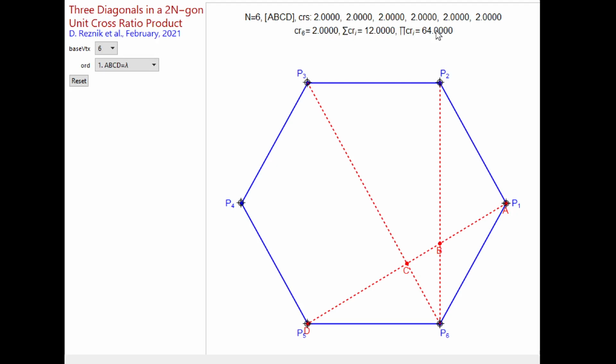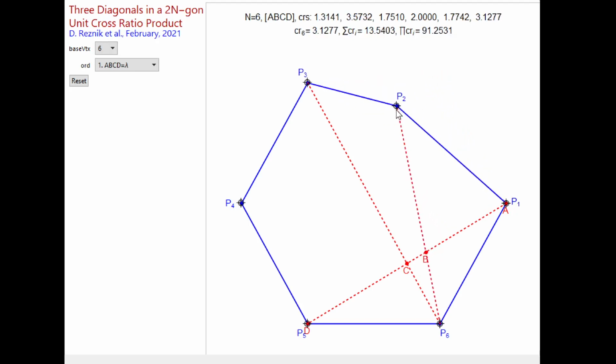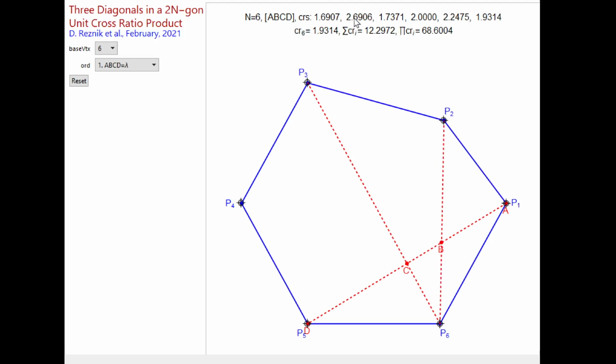Now I can freely move the position of the 6 defining points of this hexagon. So let's go ahead and drag, for example, P2 around, and let's see what happens to these 6 cross ratios and their sum and their product. As I move P2 around, a really interesting thing happens. Everything is variable, except for the 4th cross ratio.